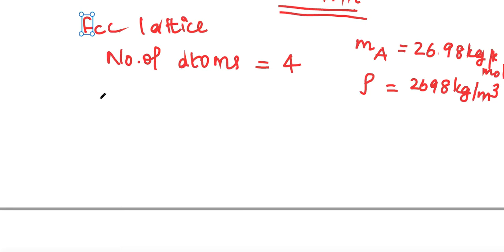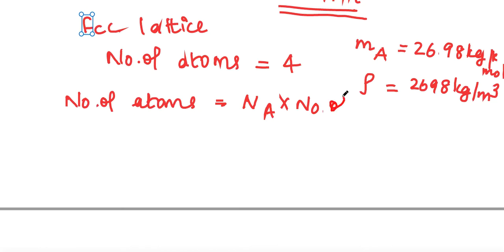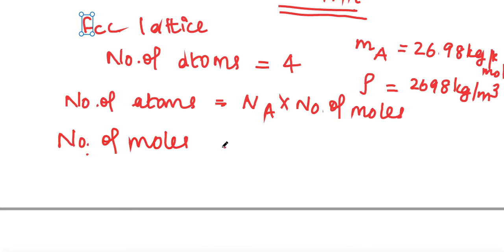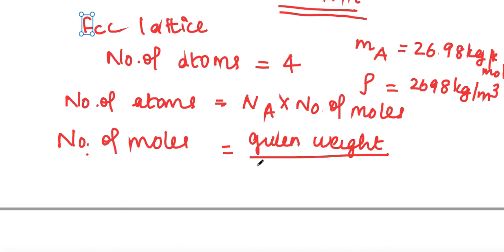Given these two things, we know that the number of atoms is equal to the Avogadro number into the number of moles. The number of moles is equal to the given weight divided by the atomic weight.